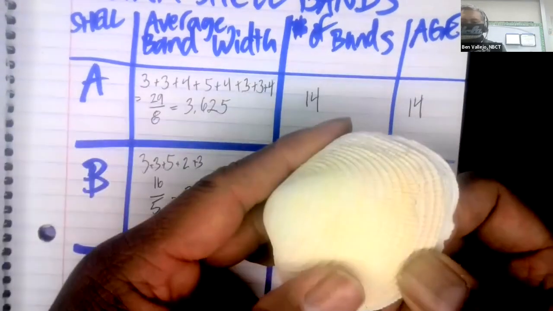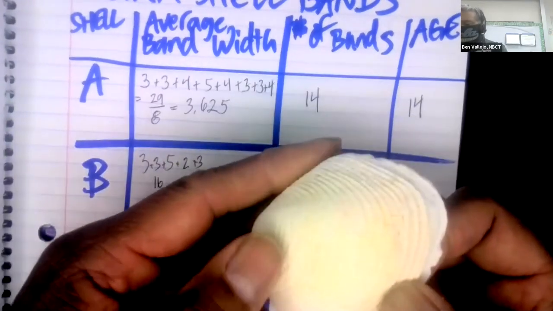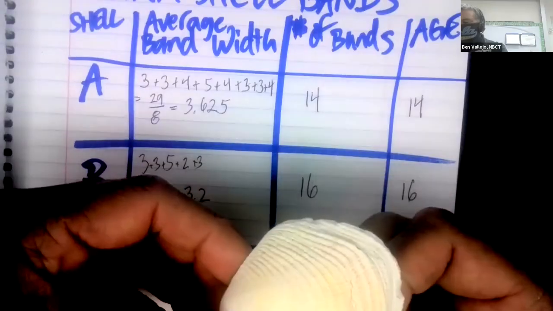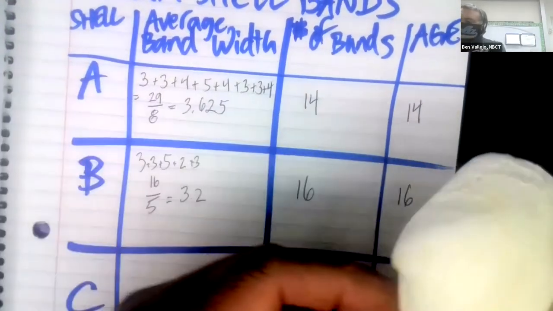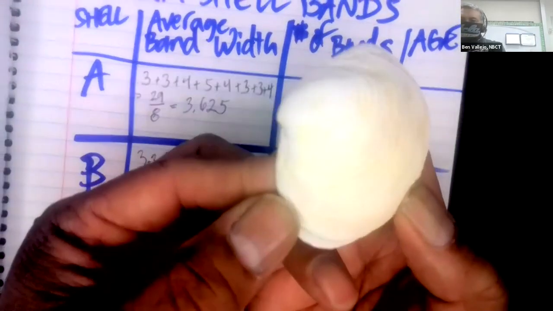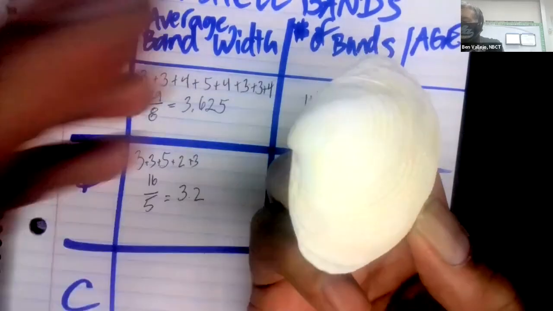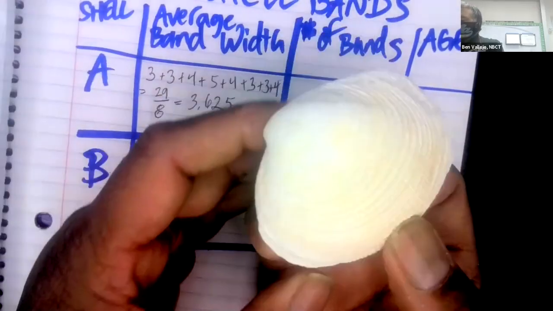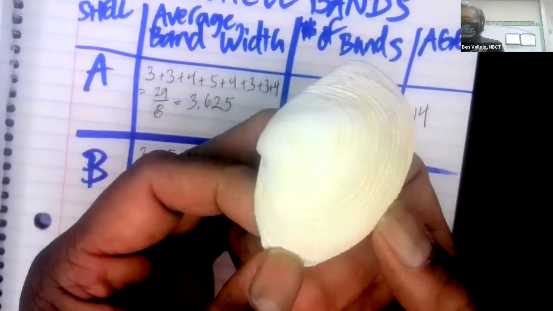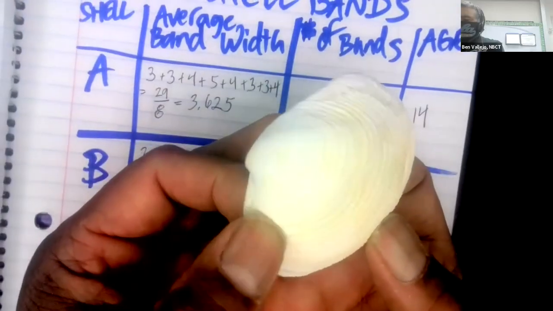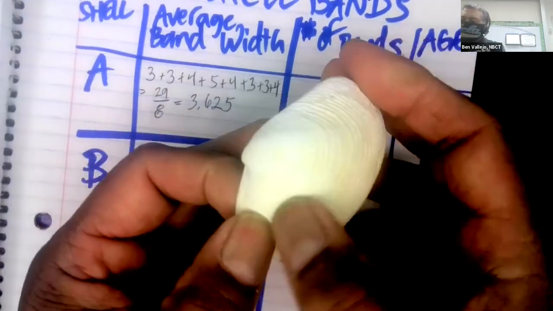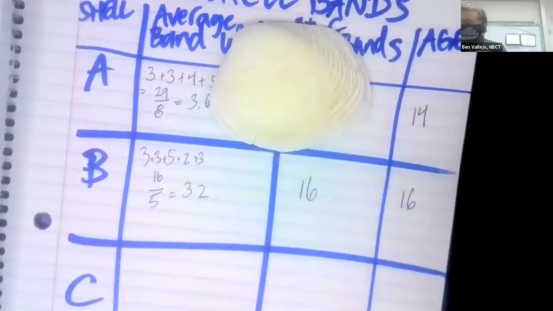Well, I can feel it, but if you can see it, it looks like each of these is a band. But if you see it on the edge, see if it'll focus on that. 1, 2, 3, 4, 5, 6. And this whole other thing is 7. So this one only has 7, and it is smaller.